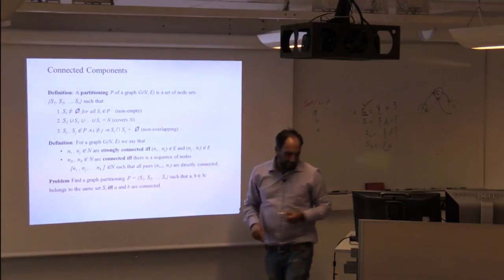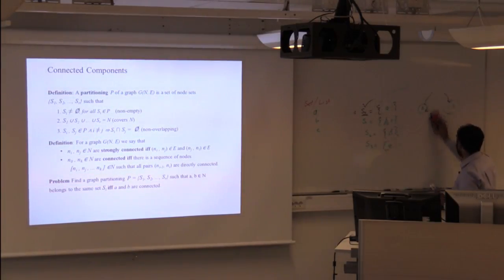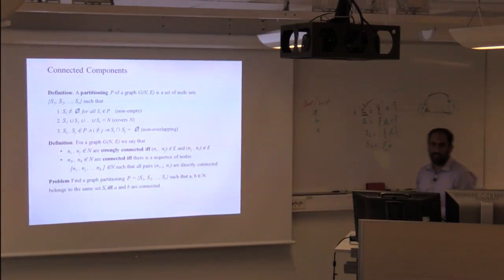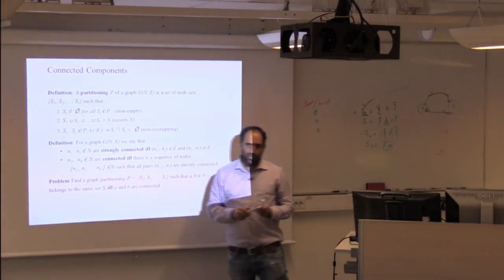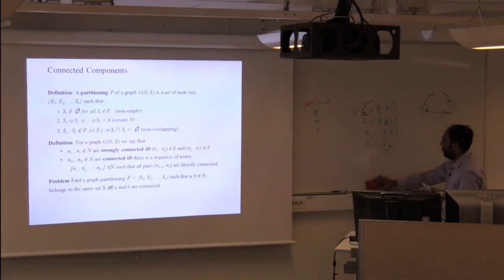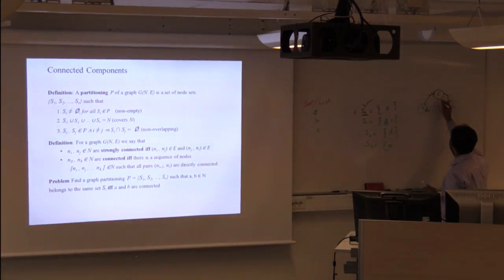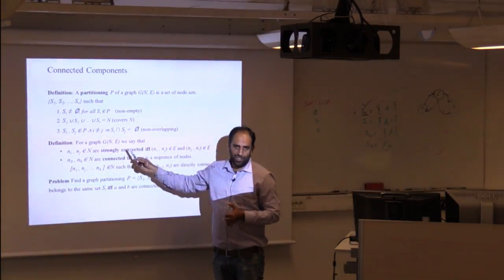Yeah, and I think, because according to this definition, you cannot have a path. You can only have direct edges to have a strongly connected component. Otherwise, if you have a sequence of paths, as I said before, if you have a path in both directions, like C here, and then here, they are still connected, but they are not strongly connected.